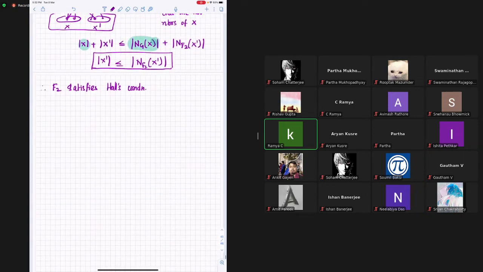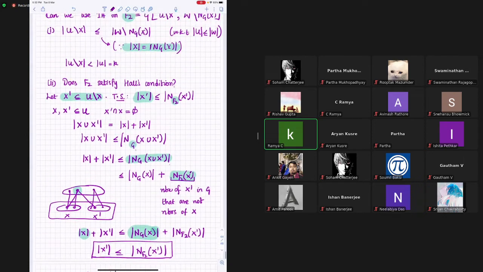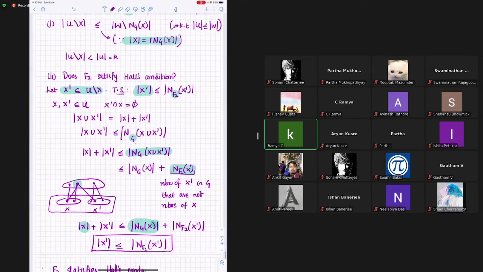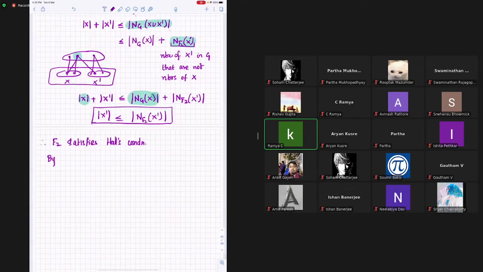So you know that this is a subgraph. The smaller partition was U minus X, and it also satisfies Hall's condition. So you can use the inductive hypothesis. So you can find a matching. Let's call this matching M2, right? That covers or saturates every vertex in its smaller partition. So what is the smaller partition here?